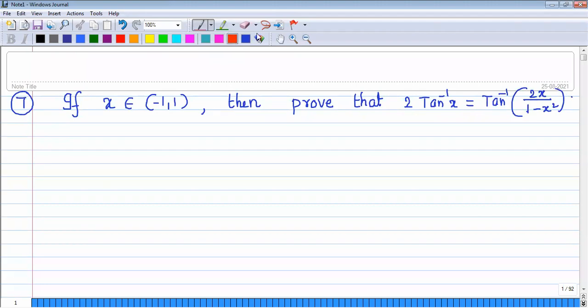This will be a very important result for other chapters. That means tan inverse of 2x by 1 minus x square is 2 tan inverse x.